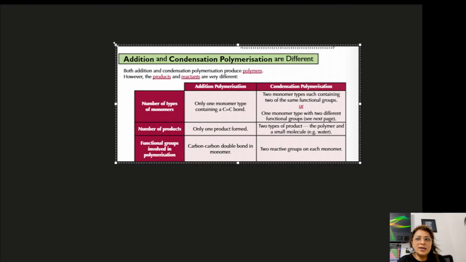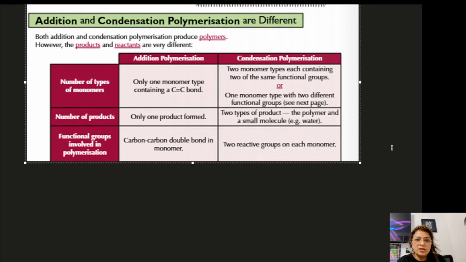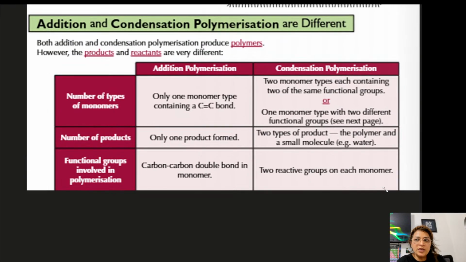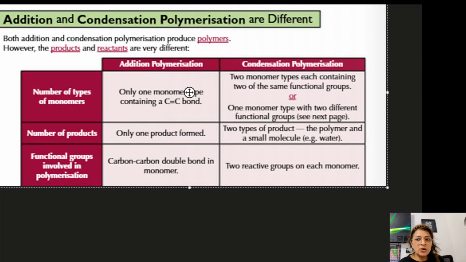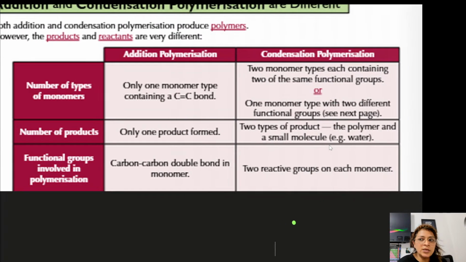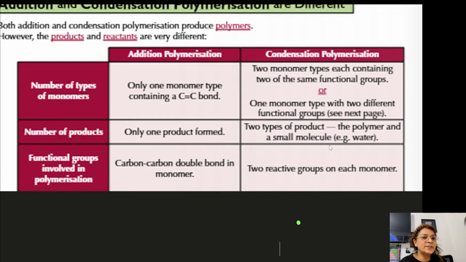You just remember what could be asked for tomorrow's exam. What they can ask you is the difference between the two polymerizations, which are addition and condensation. Instead of me explaining, can you see and tell me in the chat what differences you notice between addition and condensation?